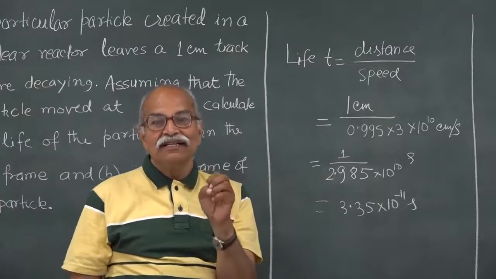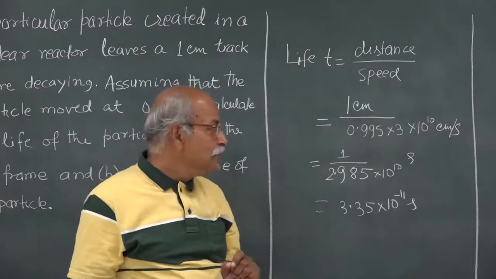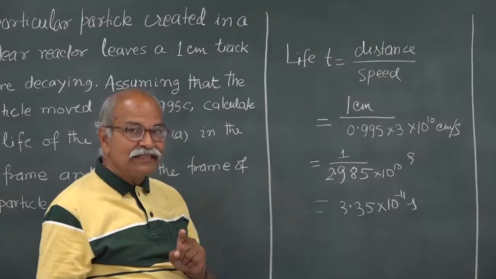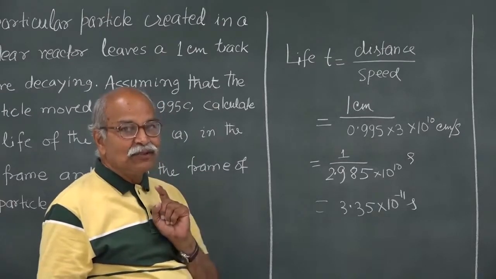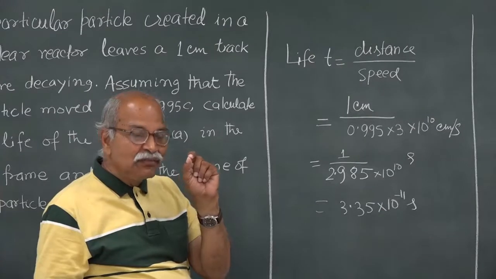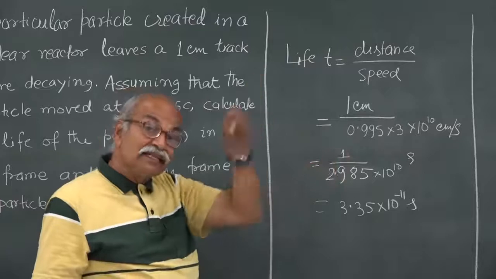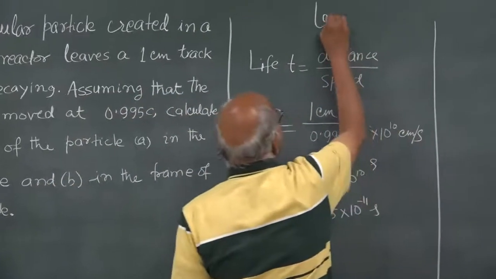So, the two events are occurring at the same position. So, that time interval will be proper time interval, and proper time interval is the smallest time interval. So, the proper time interval is smaller than this by what factor? That gamma factor.